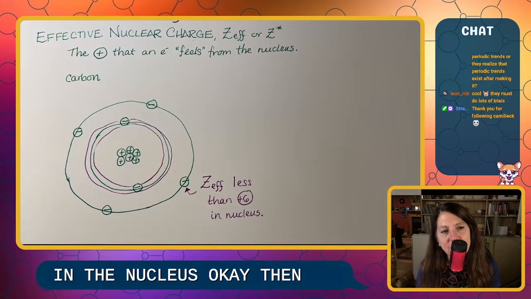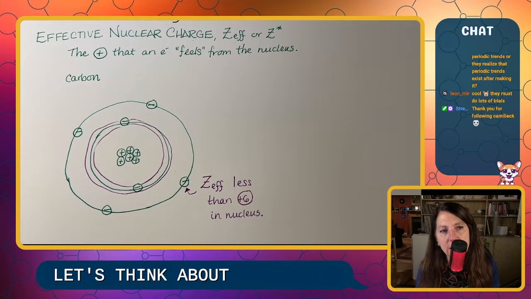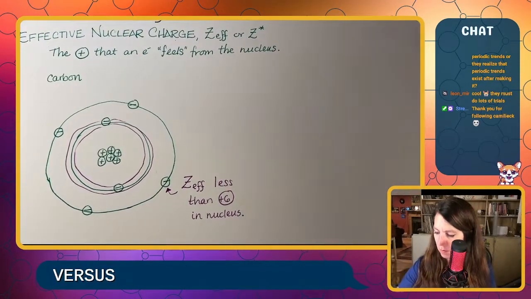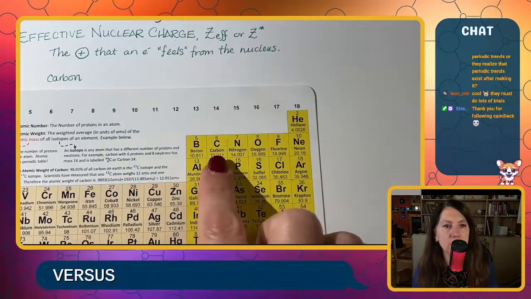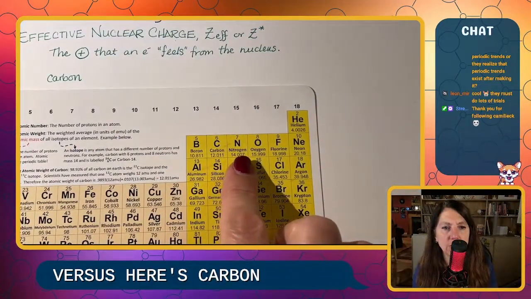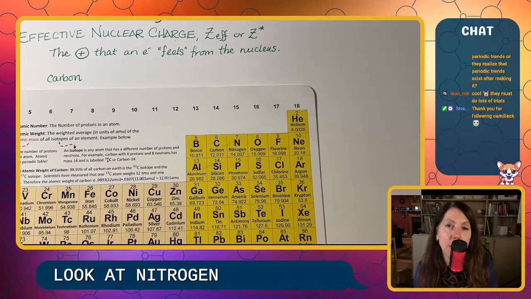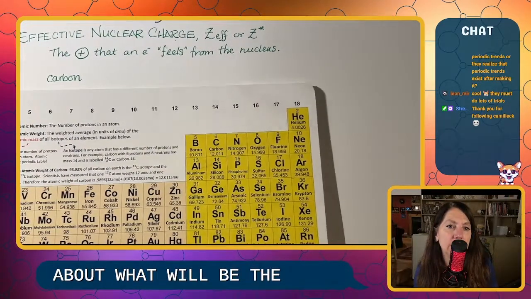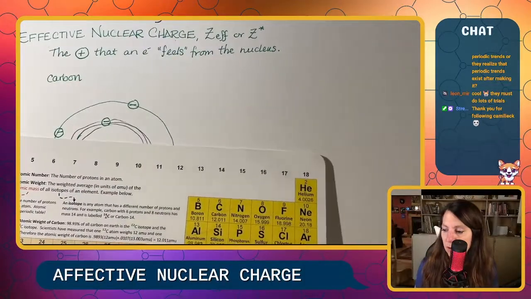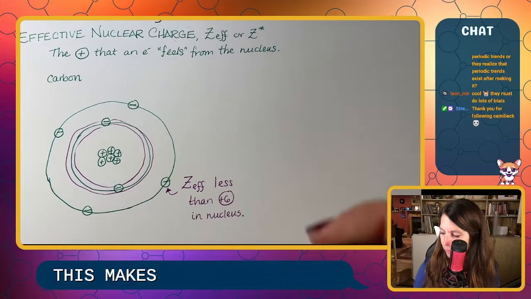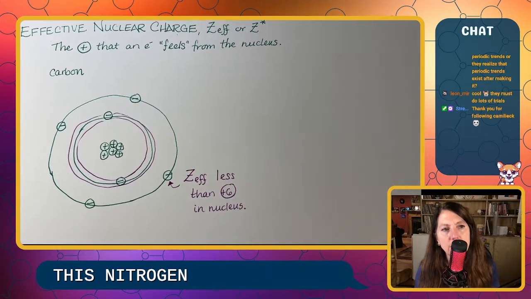And so let's think about carbon versus, here's carbon, let's just go right next door and look at nitrogen. First, what will be the effective nuclear charge for carbon?